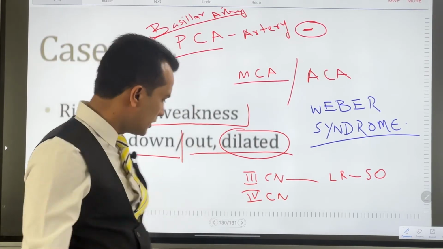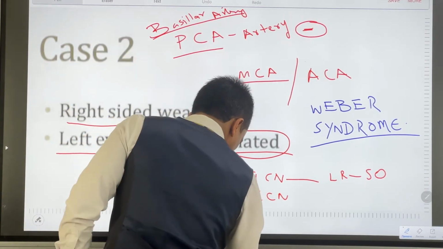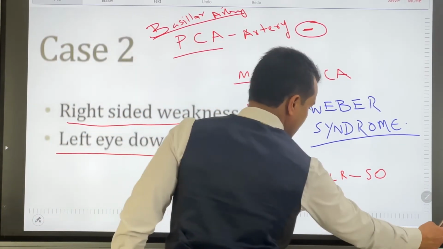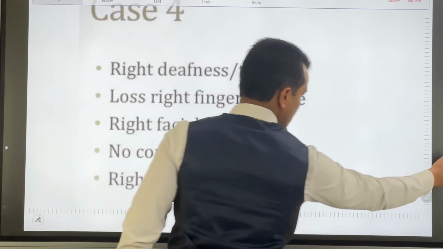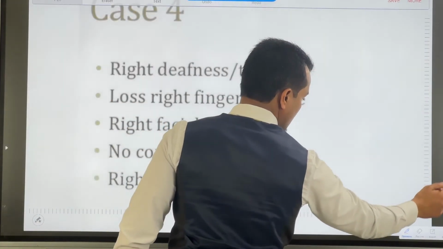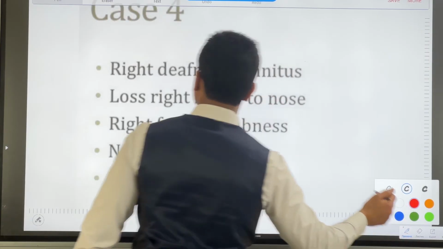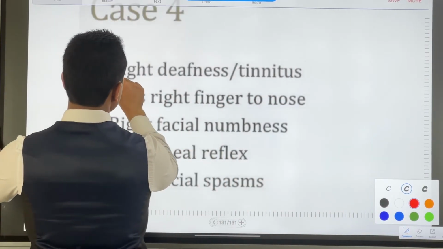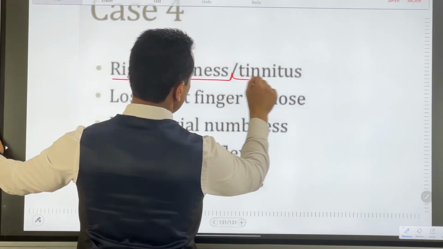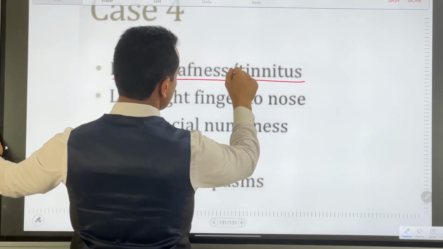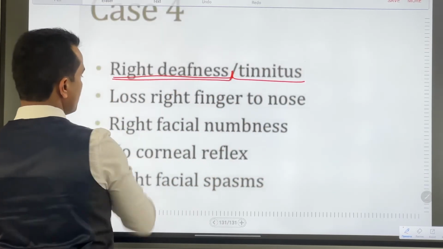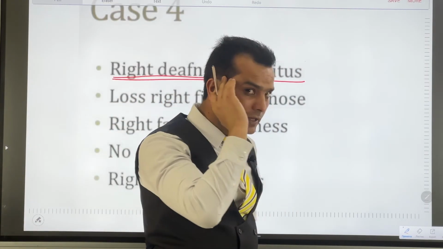That is a different thing. Okay, next please, another very important and interesting clinical scenario, number 4. Here you can see it's mentioned that the patient is having right deafness plus tinnitus. Deafness means loss of the sense of hearing.